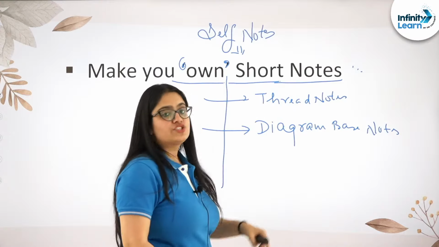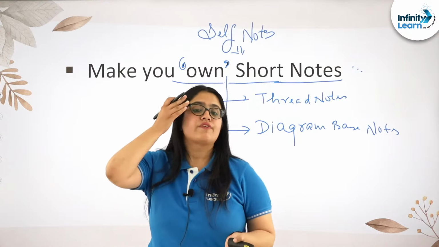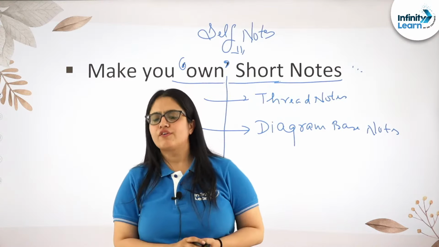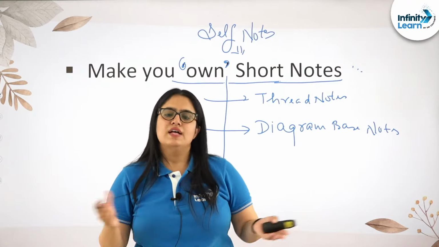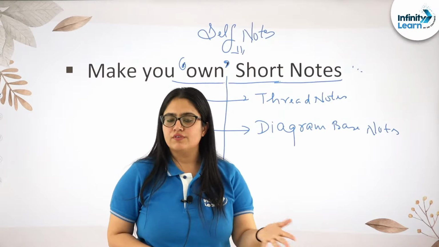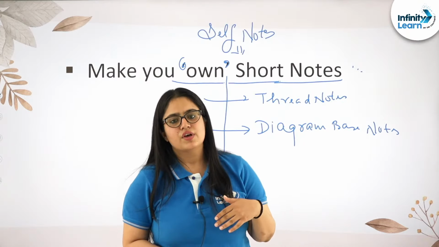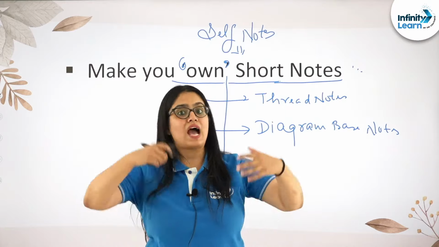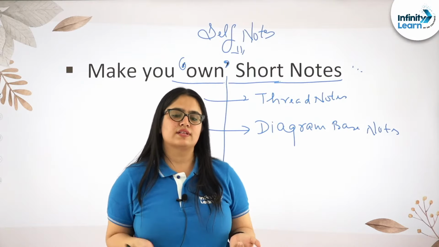Now, if a chapter does not involve a lot of images, then you can go with thread notes. For example, the living world, or biological classification. Although there are images, they are not as many as in cell division and cell the unit of life.